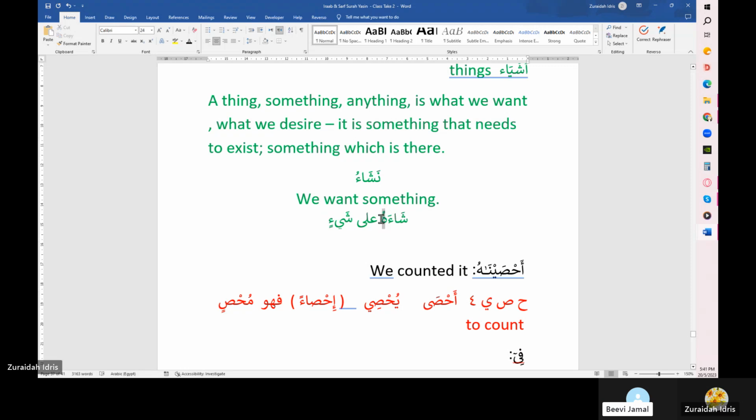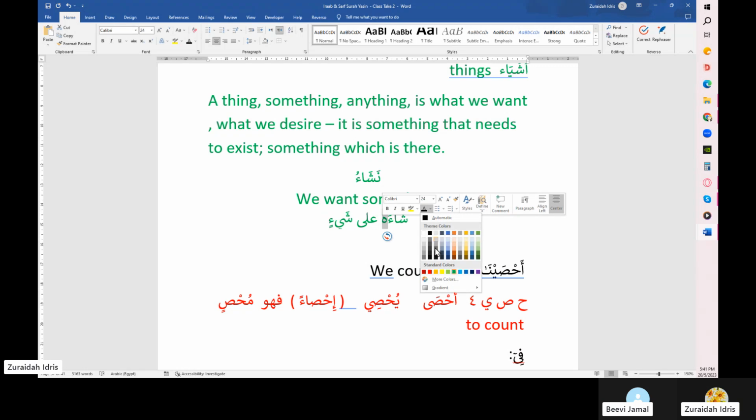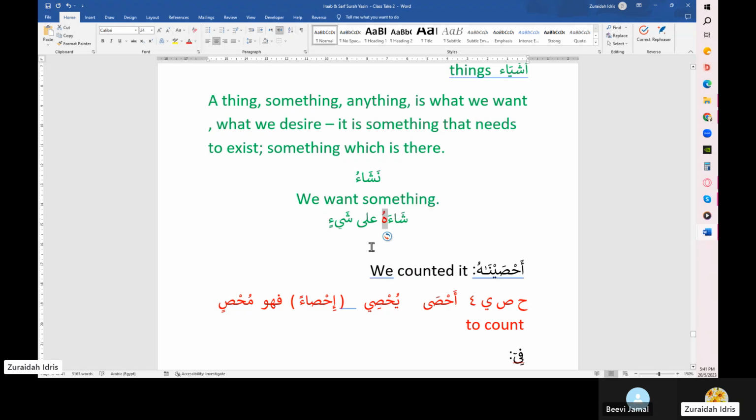This should be the maf'ul bihi. So we ignore that first, and then we look at the actual verb, which is sha'a. What is the translation of sha'a? He wanted. Let's do the literal translation.